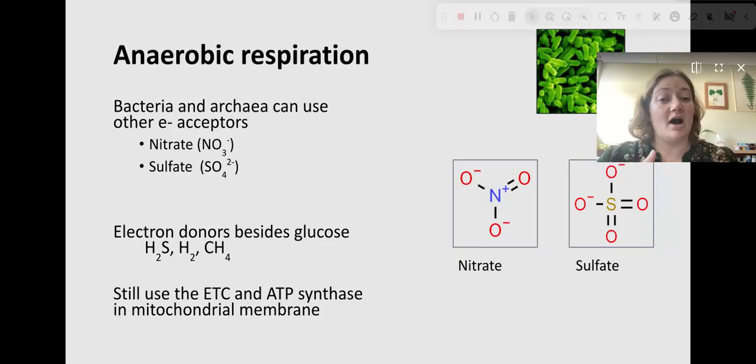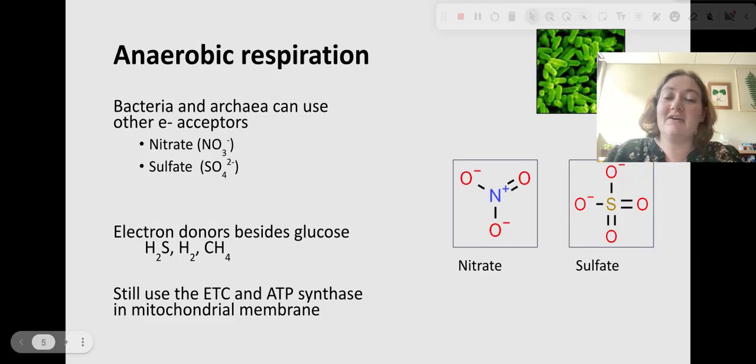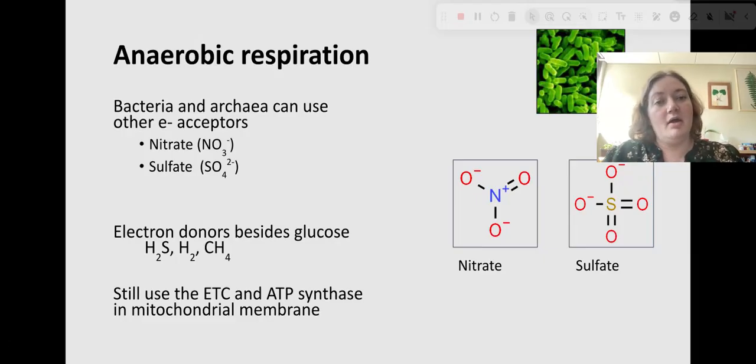But instead of using oxygen as the final electron acceptor, they're going to use a different molecule. For example, they might use nitrate as the final acceptor or sulfate. They can also have other electron donors besides glucose. They don't necessarily have to use glucose as their primary energy source. They're still using the electron transport chain. They're still using ATP synthase. We're still in the mitochondria, specifically in the mitochondrial membrane.